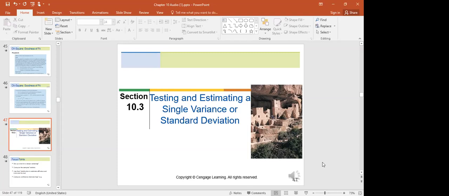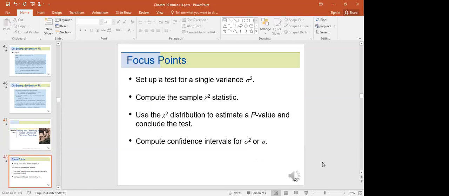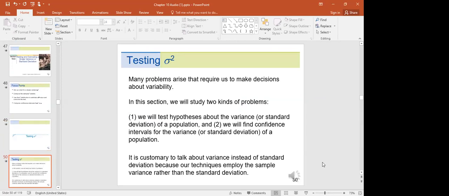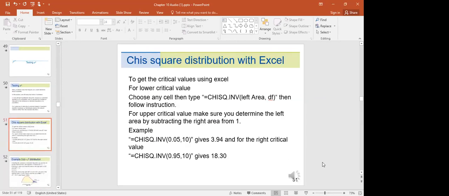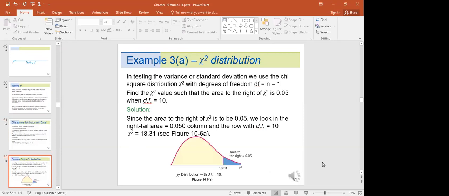So we are going to quickly go over 10.3 and 10.4, which are tests of variance and use the chi-square. I usually don't ask you questions about this except maybe to find the test values. Here is again the chi-square distribution that we use to test for variance and standard deviation.